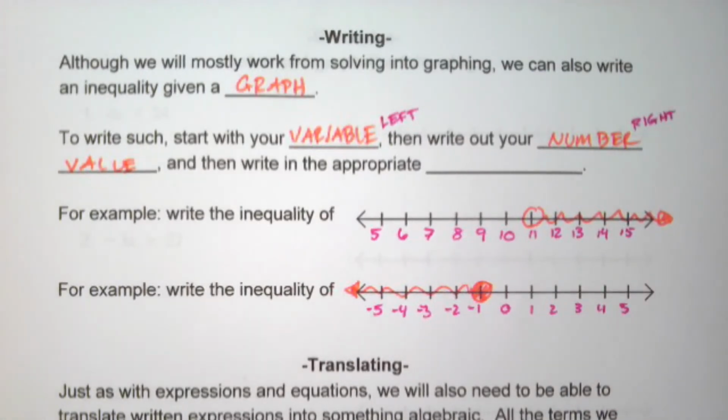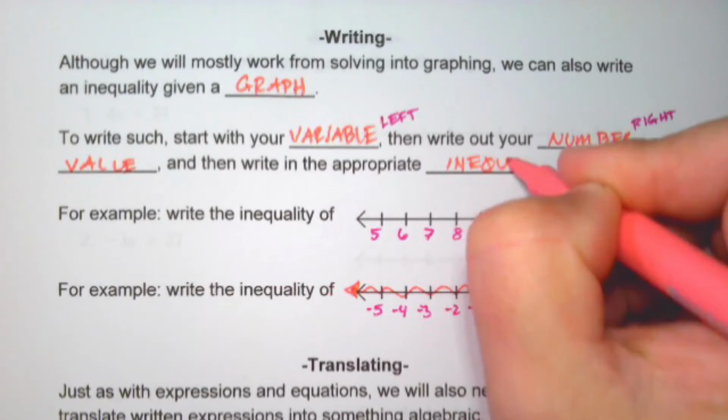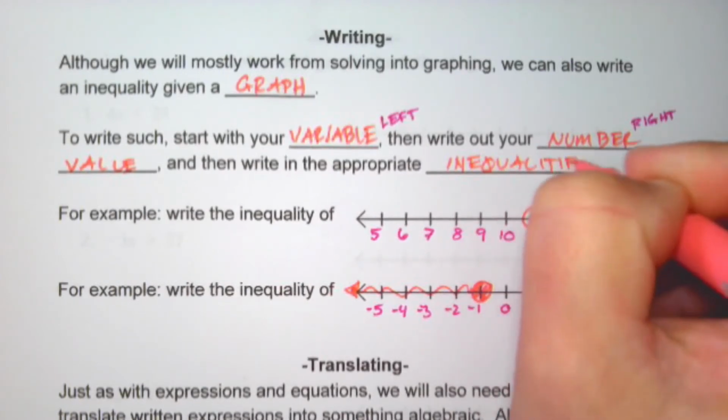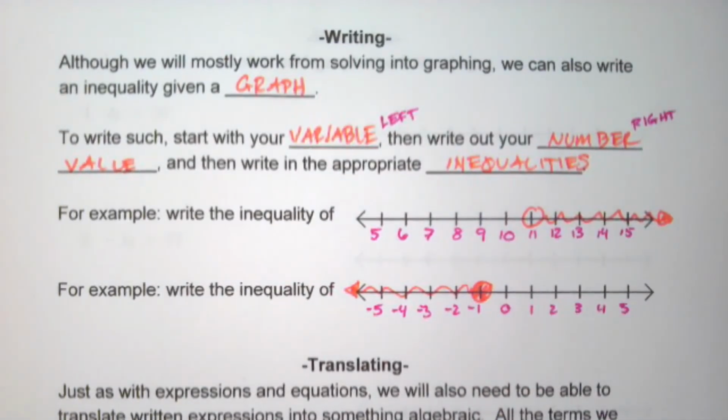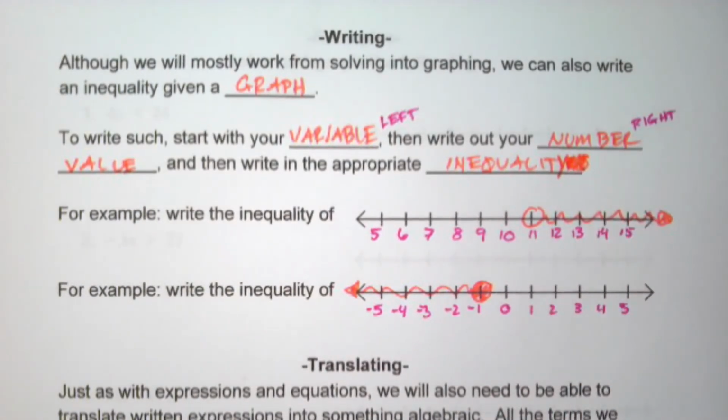Then the very last move we do is actually choosing which of our 4 inequalities is going to work for us. So this should actually be appropriate inequality, not qualities.